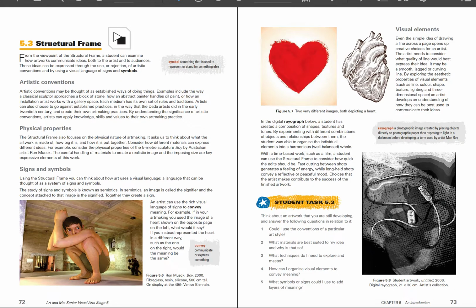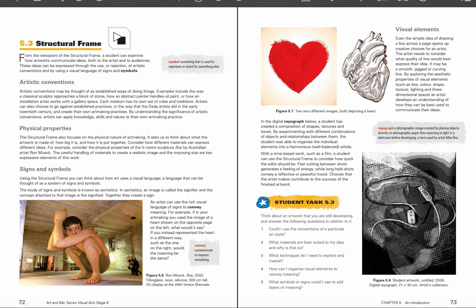Okay, so we look at another student's example. This student has used a digital rayograph. It's pictured below here. A student has created a composition. Composition is collective. How you place things in your artwork is a composition. There are composition rules and traditions as well.